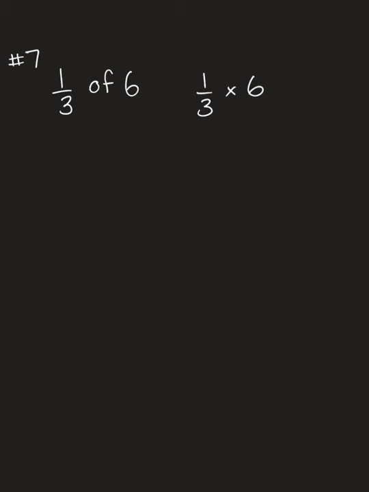So if we're doing 1/3 times 6, what two numbers are we multiplying? 1 times 6, which gives us 6, and the 3 stays on the bottom, and then we can simplify this. So 6 divided by 3 is 2. So our answer, 1/3 of 6, is 2.